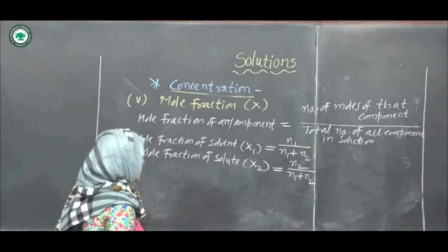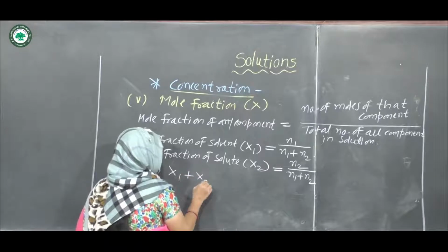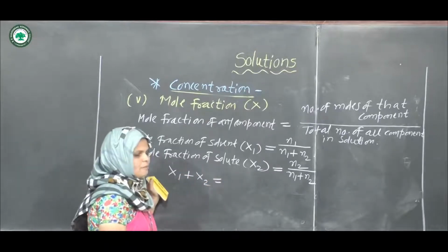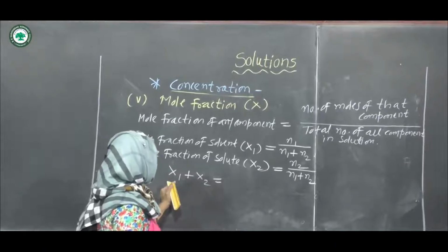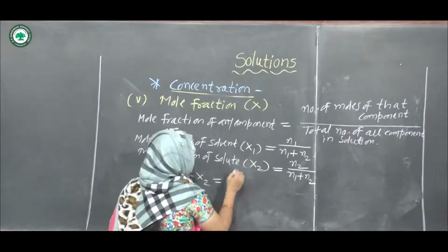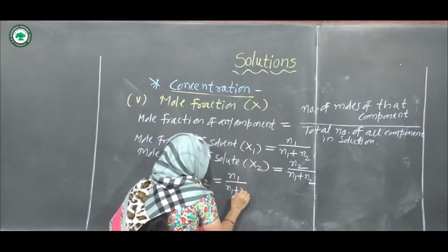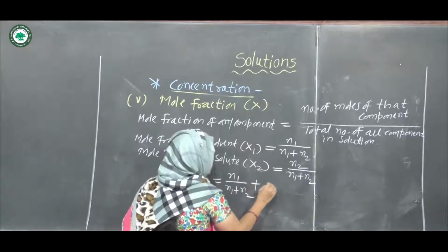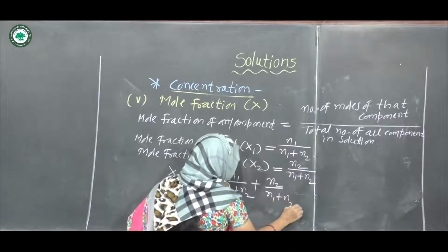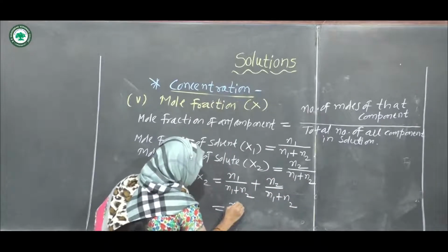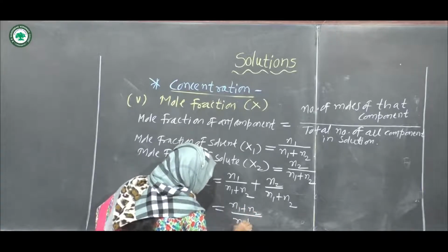We know that X1 plus X2 is the sum of the mole fractions of solvent and solute. X1 plus X2 equals N1 divided by N1 plus N2, plus N2 divided by N1 plus N2, which equals N1 plus N2 divided by N1 plus N2.